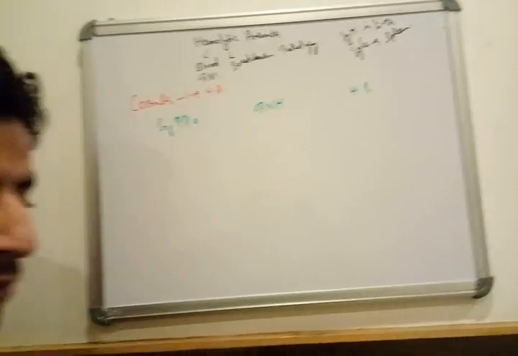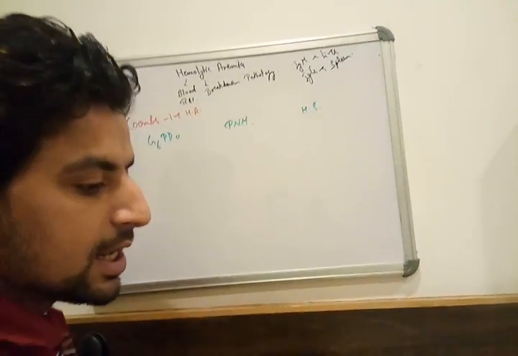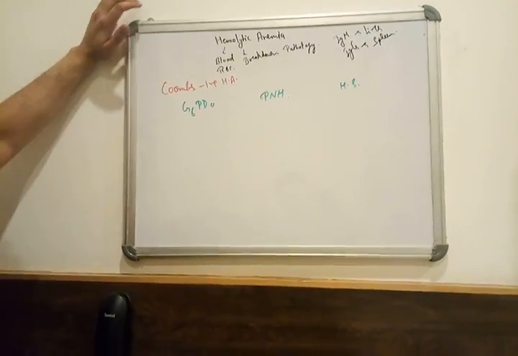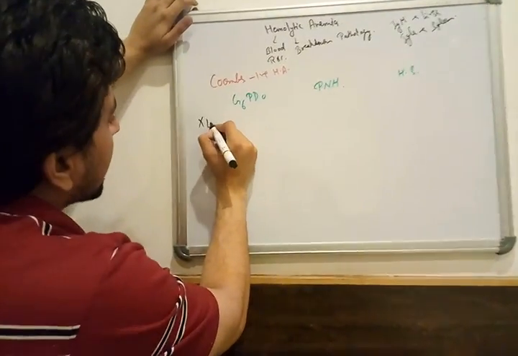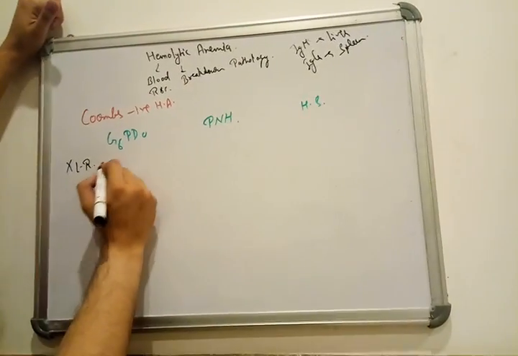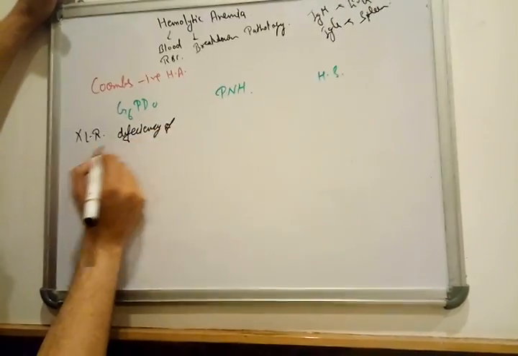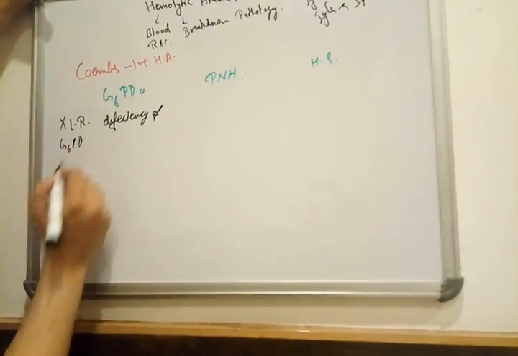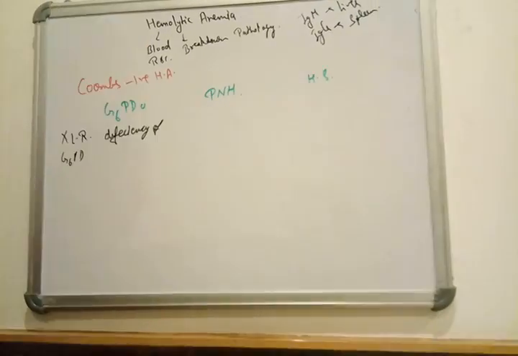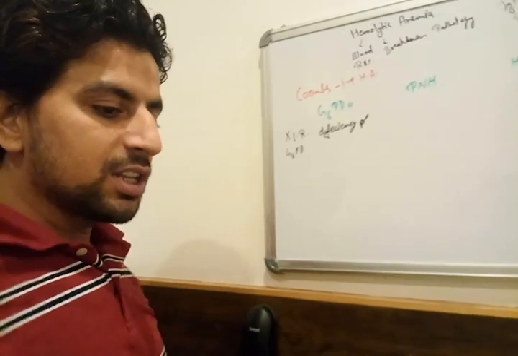So see how to differentiate these anemias. It's very simple and very logical to explain. Firstly, I am going to explain G6PD. It is X-linked recessive, XLR I am going to write here. And here is the deficiency of the enzyme G6PD. It means glucose-6-phosphate dehydrogenase enzyme deficiency. So my dear friends, what happens if this deficiency occurs?